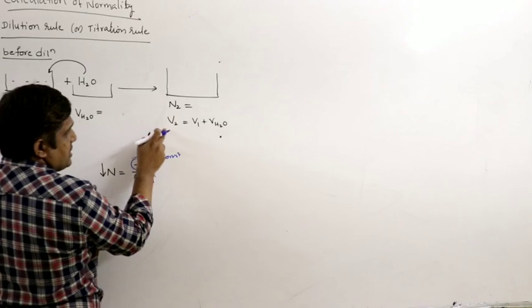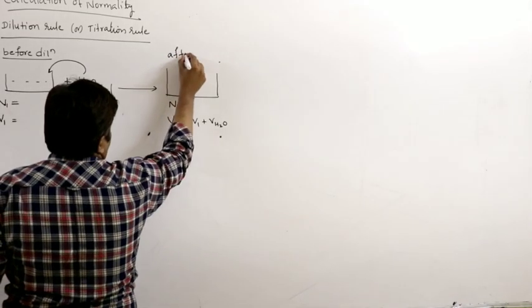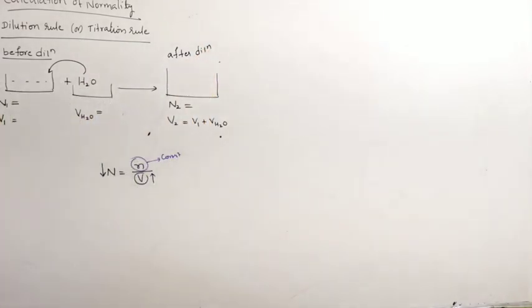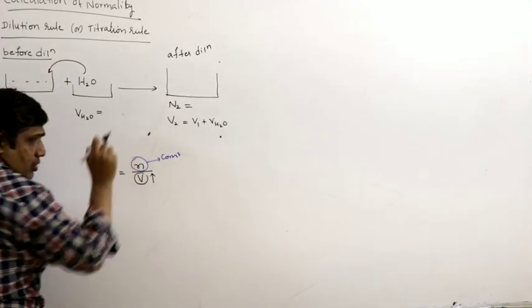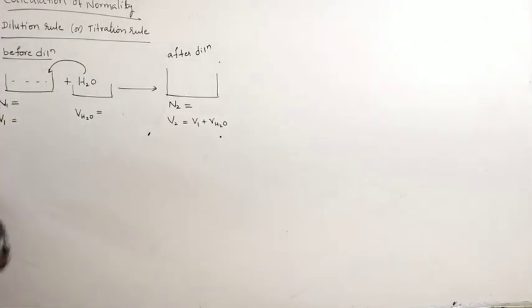After dilution it is N2 V2. So during dilution, number of gram equivalents of solute do not change. So let us equate them before dilution and after dilution. Here it is N1 V1, here it is N2 V2. So that is nothing but dilution rule.